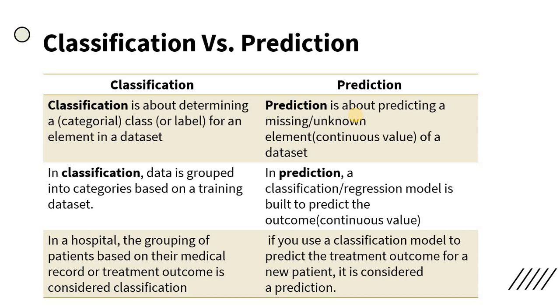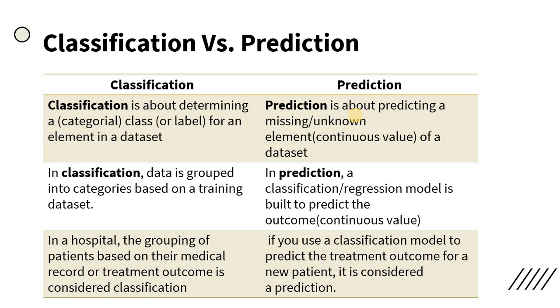In prediction, we are predicting future values. In classification, data is grouped into categories based on a training data set. We are just categorizing the data. While in prediction, a classification or regression model is built to predict the outcome.